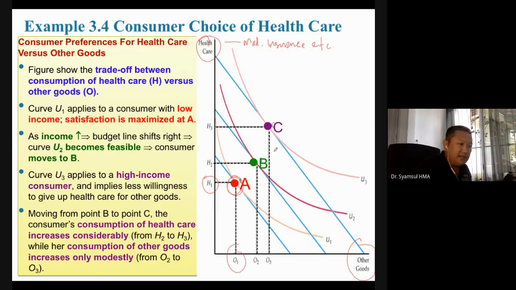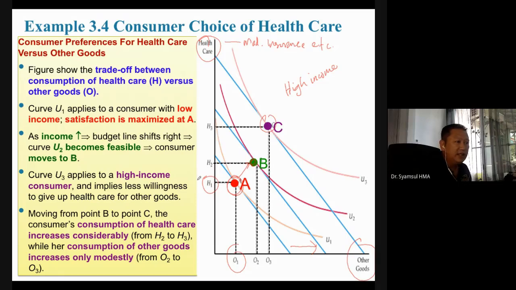As income increases, the budget line shifts right. U2 becomes feasible, and the consumer moves to B. U3 applies to a high income consumer, this one is rich, and it implies less willingness to give up healthcare for other goods.